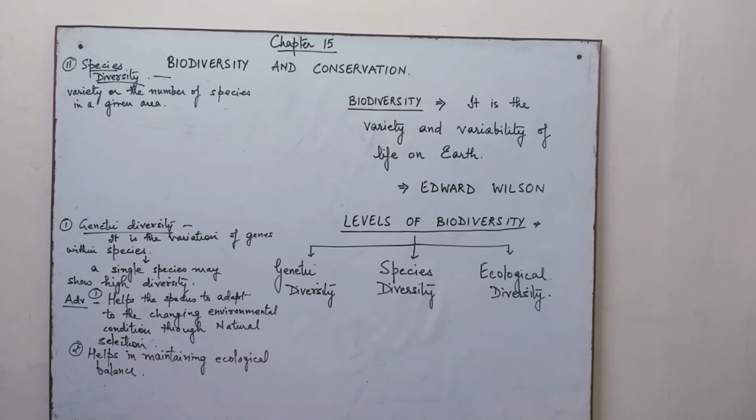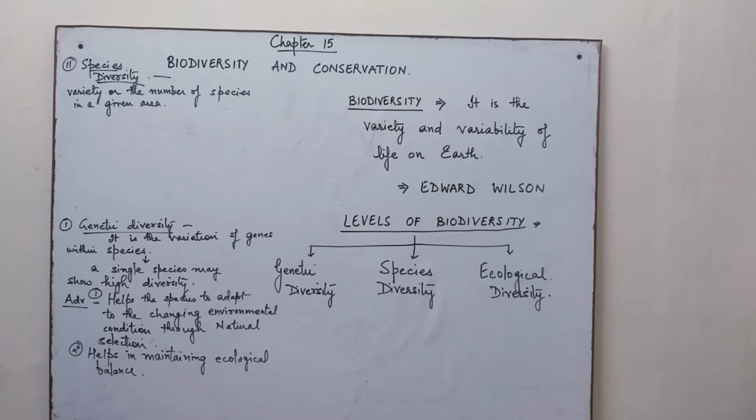Now, when we try to understand this, the species we are talking about are units of diversity, and they play major, specific roles in the ecosystem. Loss of species can have a direct impact on the entire ecosystem.